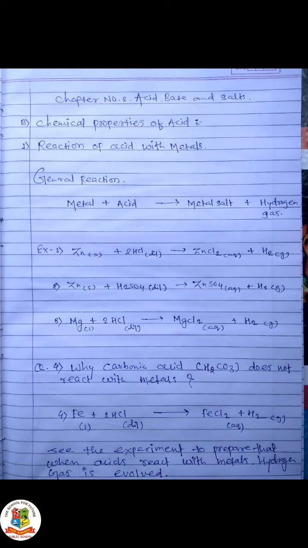Keep in your mind, whenever metal reacts with acid, it gives metal salt plus hydrogen gas. And you saw how to identify whether hydrogen gas is evolved or not: via the pop sound we can identify it. I hope you understood.